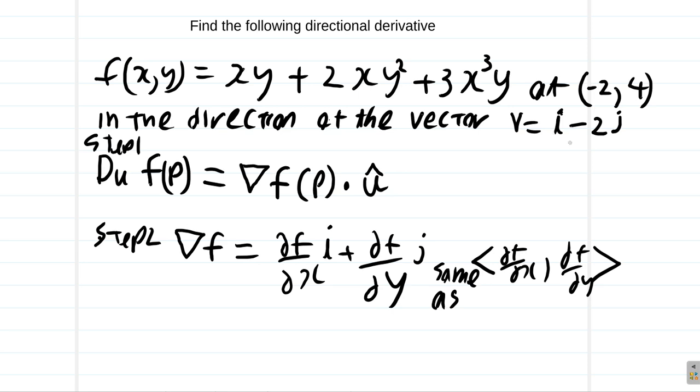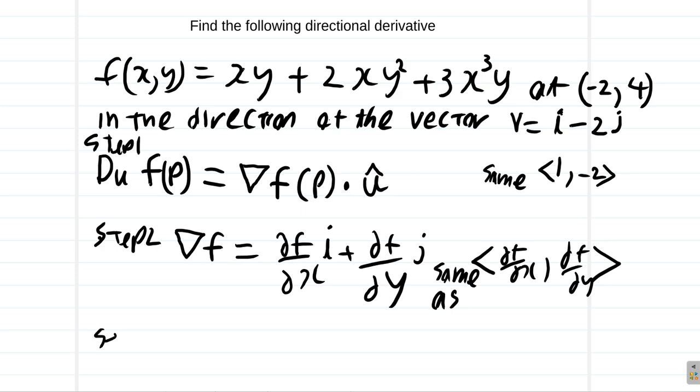It could be 1, comma, negative 2 in the angle brackets, because it's 1i, not i. Same thing, it's just another way of representing the vector, all right? So you're going to find the gradient vector.